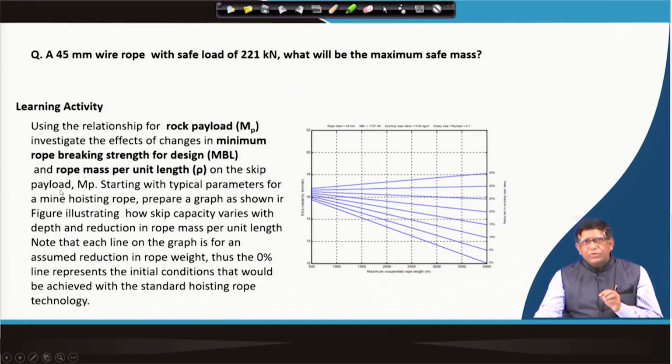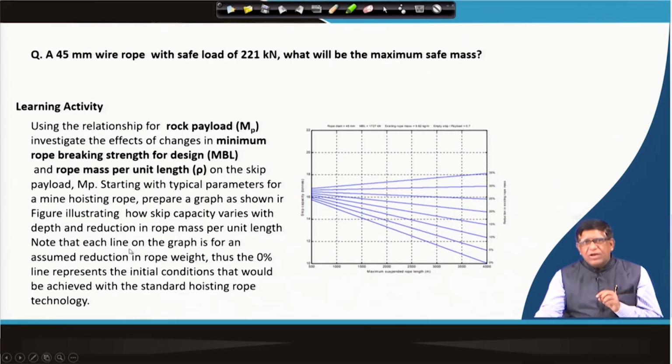That is, investigate the effect of rope mass per unit length on the skip payload, starting with the typical parameters for a mine hoisting rope. Prepare a graph as shown in this figure, illustrating how skip capacity values vary with depth and reduction in rope mass per unit length.